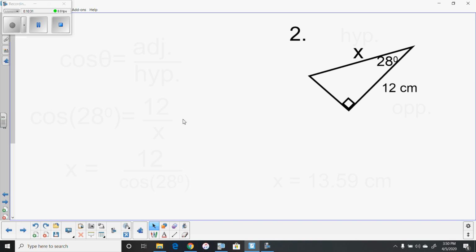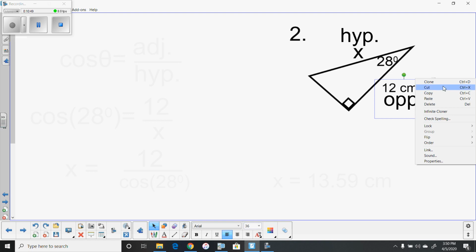Problem 2, I label the sides that I've got. 12 is my, I'm sorry, 12 is not the opposite side. 12 is the adjacent side.